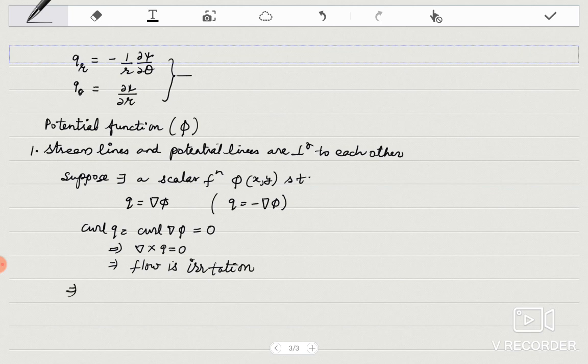So the existence of a potential function establishes the flow to be irrotational.